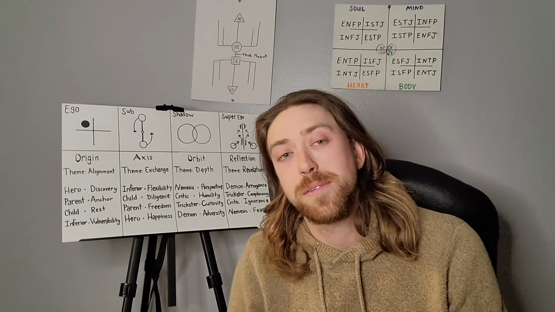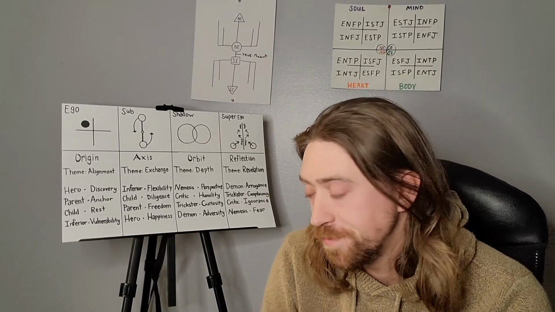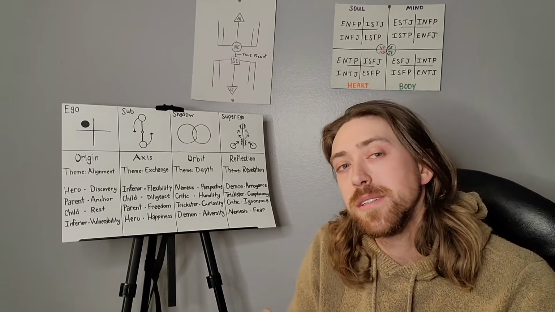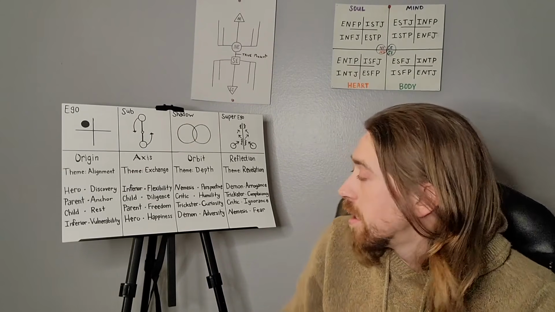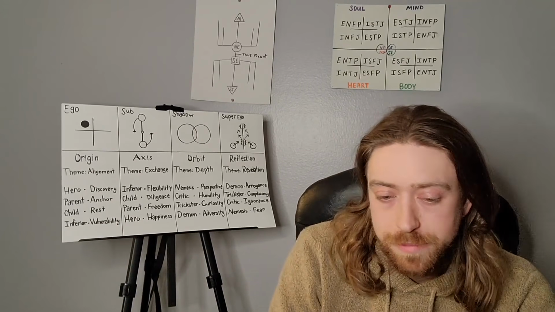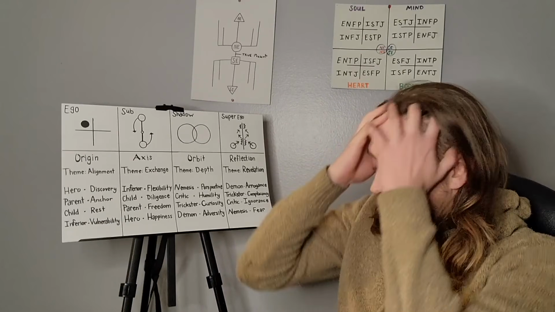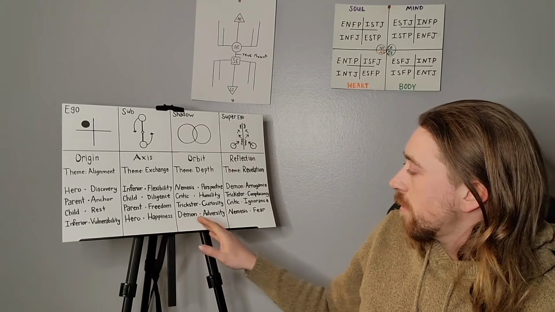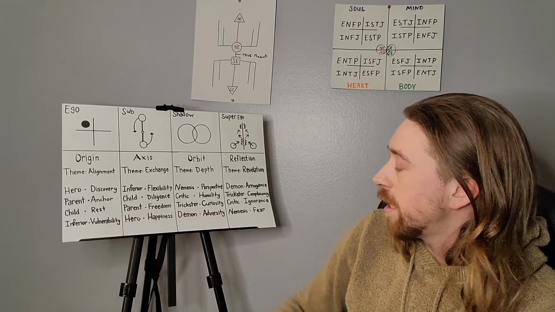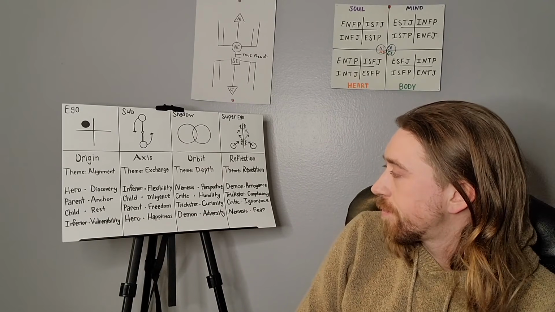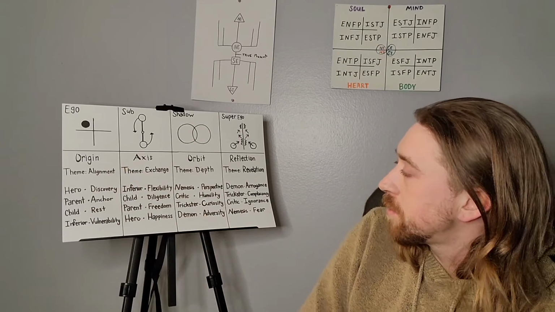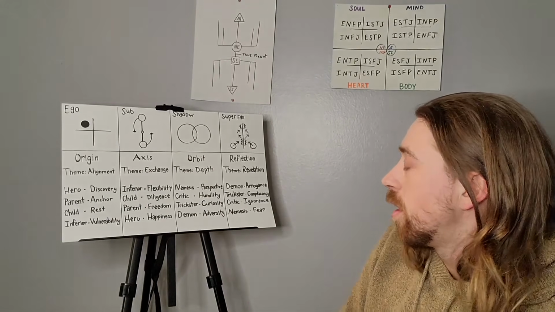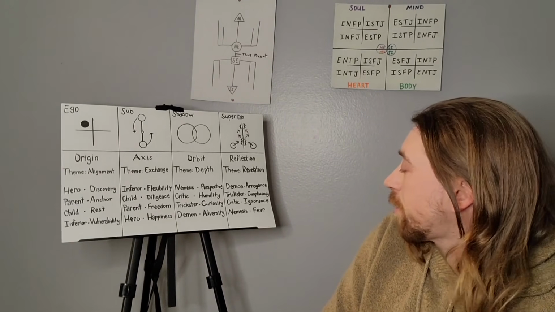And then finally, we have the Nemesis Function. The Nemesis Function reveals the fear in our inferior function. With this Nemesis Function, it is, again, mirrored to the inferior. And it goes back to that whole origin point I was talking about with the development of the inferior.